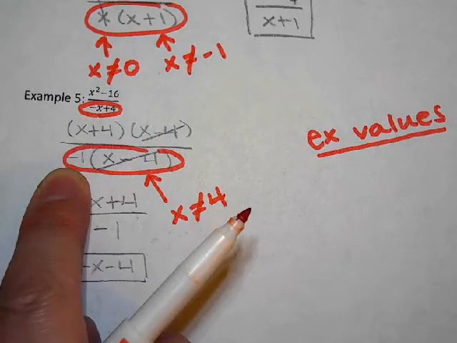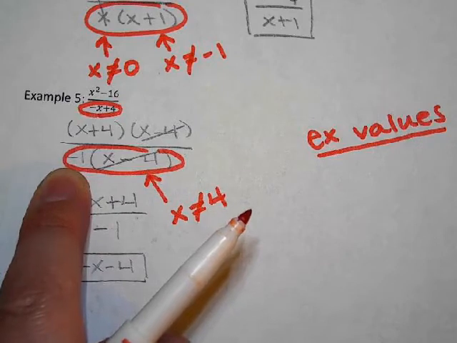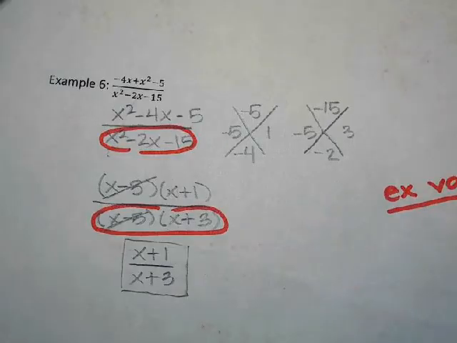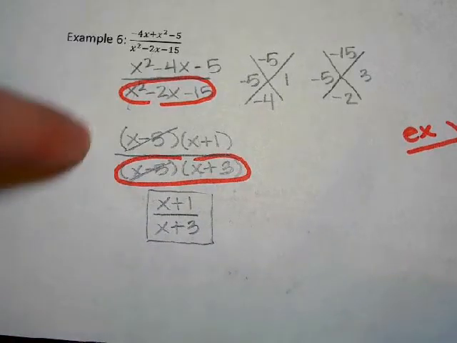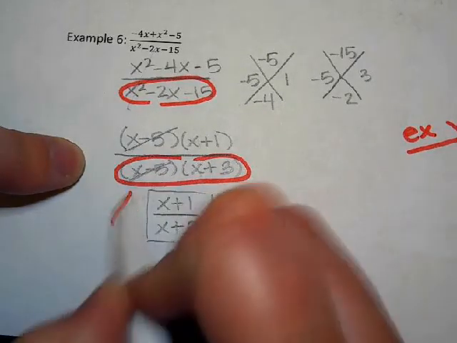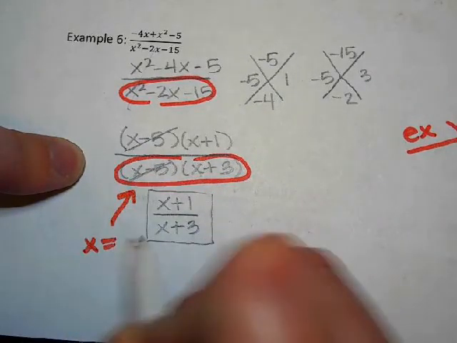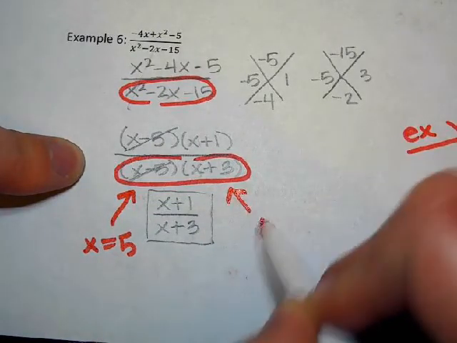Okay. All right, how about the last one? Okay. X equals 5. X equals -3. Perfect. All right, your brain's feeling pretty good about that stuff?